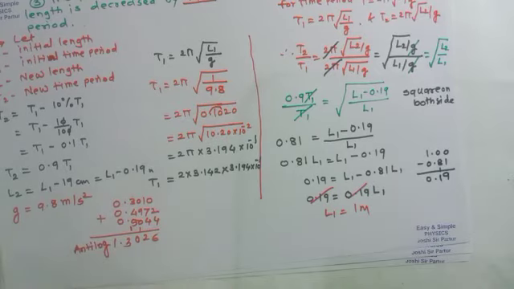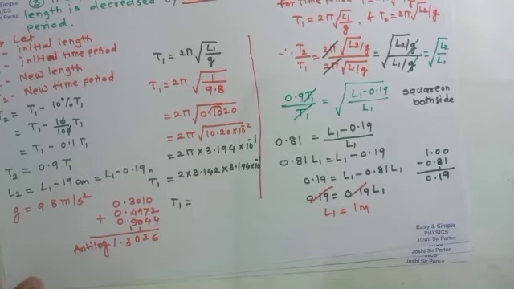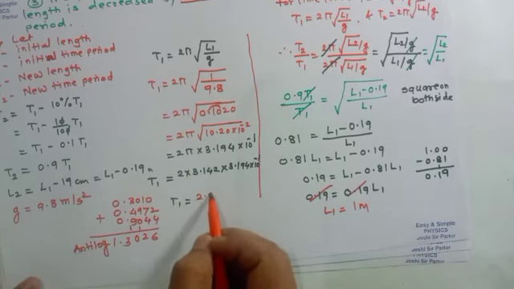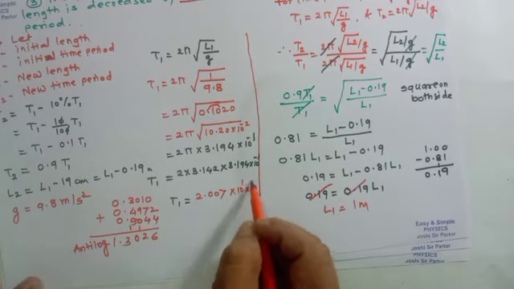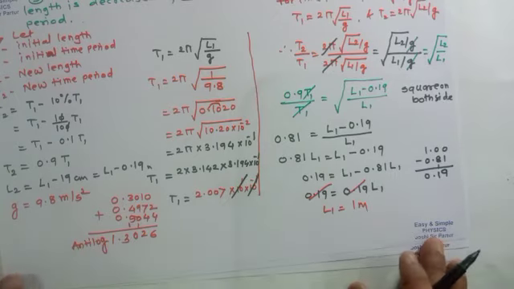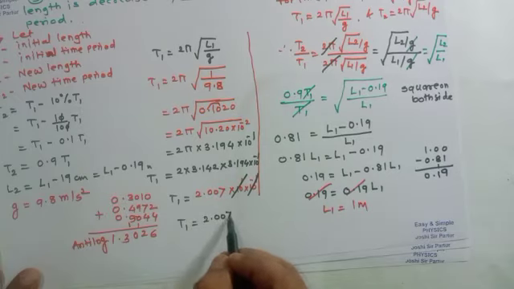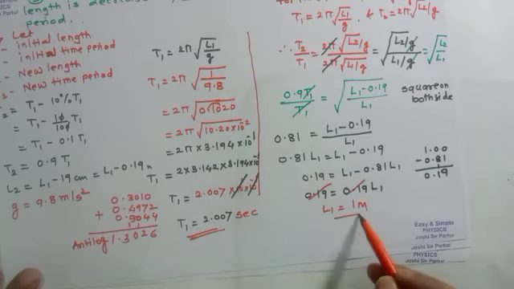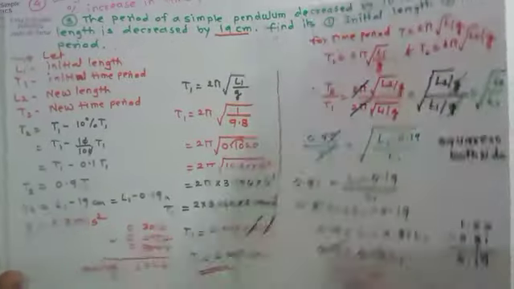Antilog of 0.30 with mean difference 26, T1 is equal to 2.007 into 10 raised to 1 into 10 raised to minus 1. So 10 raised to plus 1 and minus 1 cancel, and therefore the initial time period will be 2.007 second. These are the answers for the given example 3.